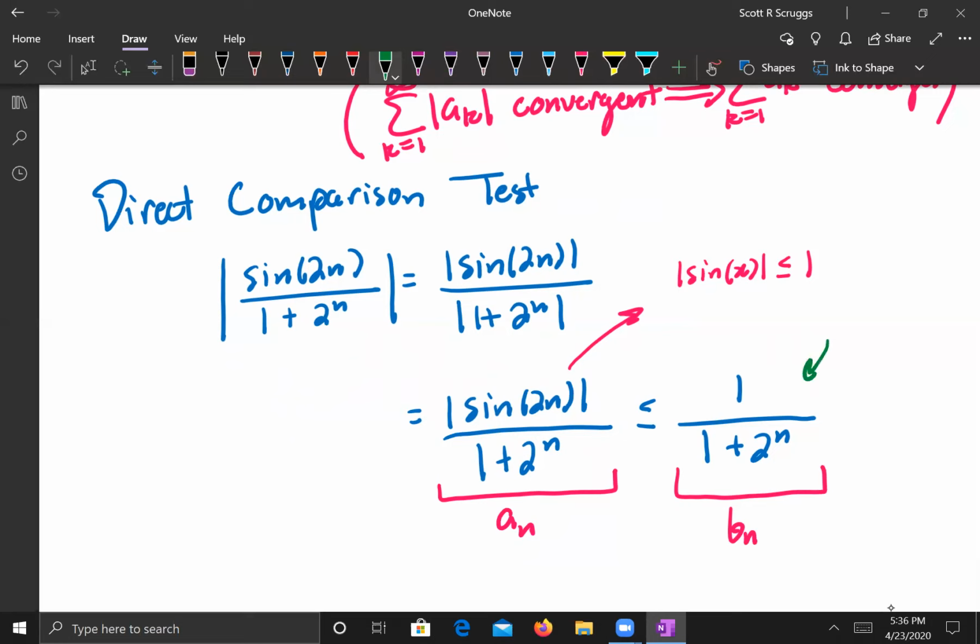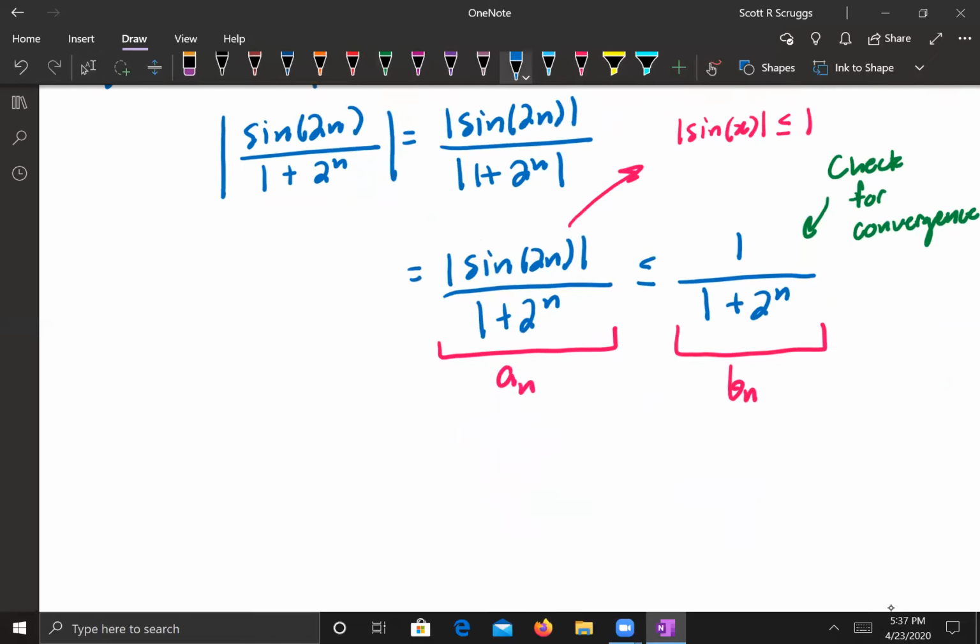Because I have the less than or equal to, I need to now check whether or not this series with 1 over 1 plus 2 to the nth power converges. So that's my next step. I want to check if that series is a convergent series.